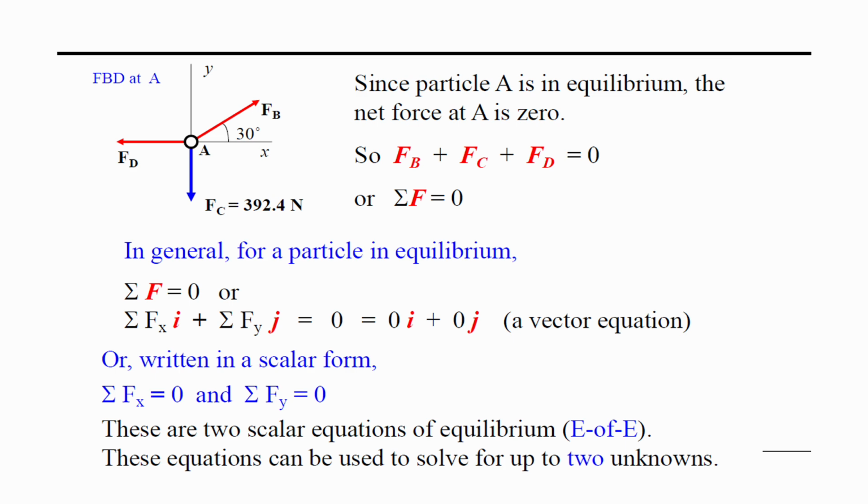In general, for a particle in equilibrium, we have the sum of forces is equal to 0, or the sum of forces x in i direction plus the sum of forces y in j direction is equal to 0. Or written in scalar form, the sum of forces in x is equal to 0, and the sum of forces in y is equal to 0. So these are 2 scalar equations of equilibrium. These equations can be used to solve for up to 2 unknowns.